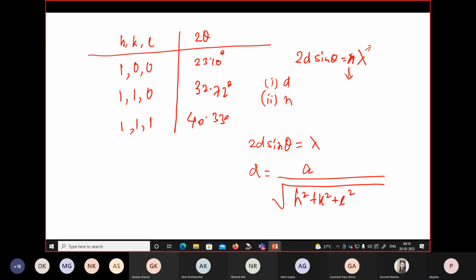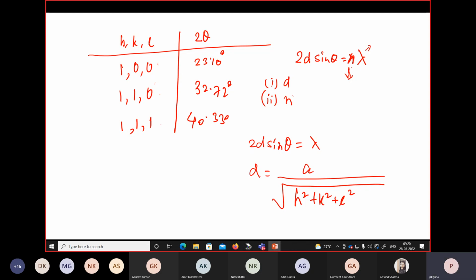All these peaks are coming for different values of d, because we are considering n equal to 1. a is fixed, a is the lattice constant, and HKL are the Miller indices.